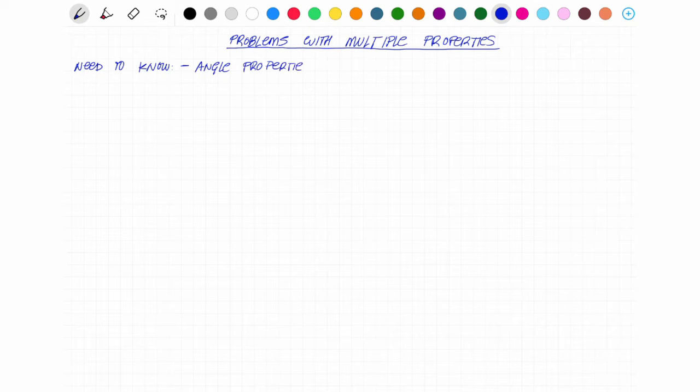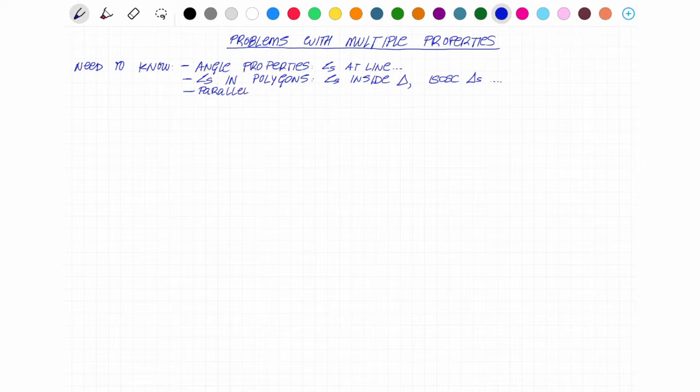So your angle properties by themselves, and I'm talking about angles at a line, angles at a circumference, all of those ones. The properties of angles in polygons, so angles inside a triangle and isosceles triangles.